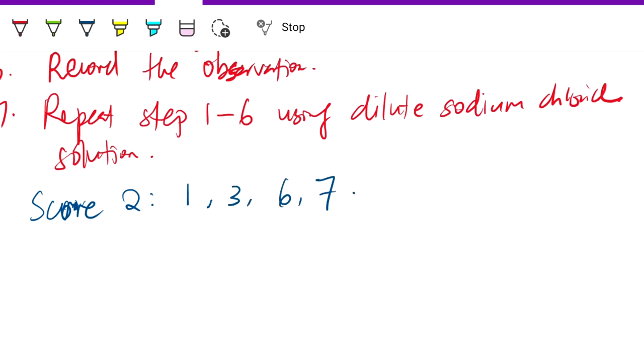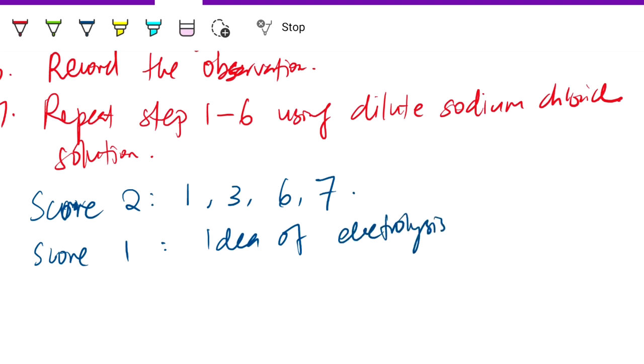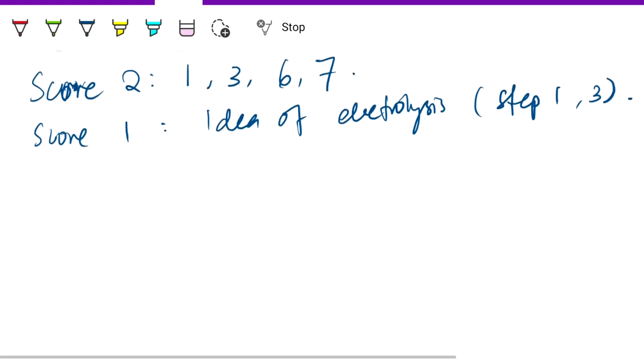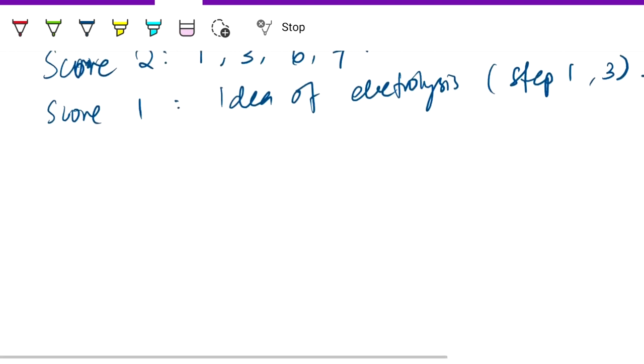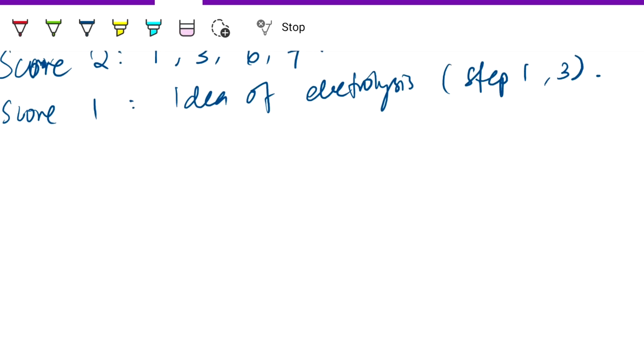Then score 1, at least you can mention the idea of electrolysis, or steps 1 and 3. So this is how you can score well in the procedure part.